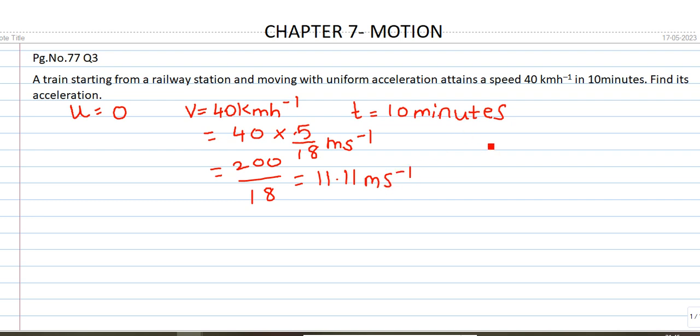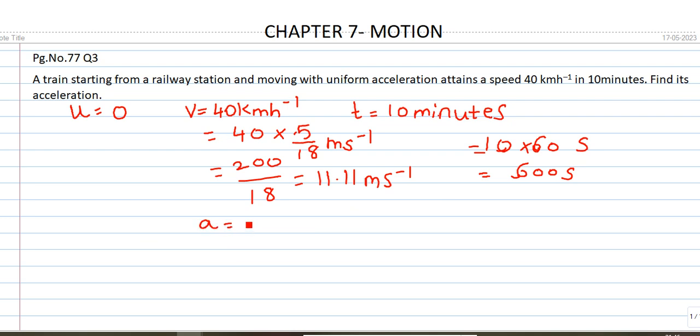This time should also be converted into seconds. How do we convert minutes into seconds? We multiply by 60. So 10 minutes will be 10 into 60 seconds, which is equal to 600 seconds. So we have all the three values to find acceleration.